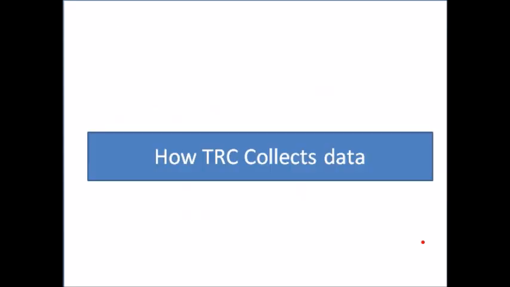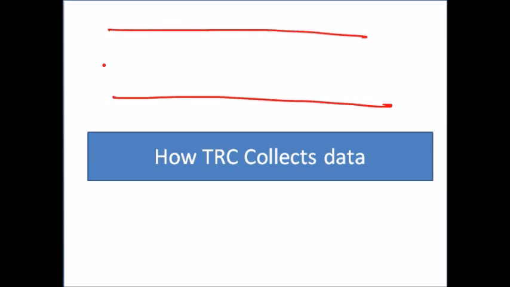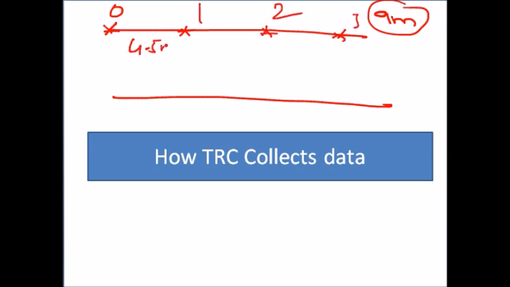Similarly for unevenness, let us say you have a track like this. For unevenness, the short chord is 9 meters. Let us say this is station 0, station number 1, station number 2, station number 3. We mark the stations at every 4.5 meters.